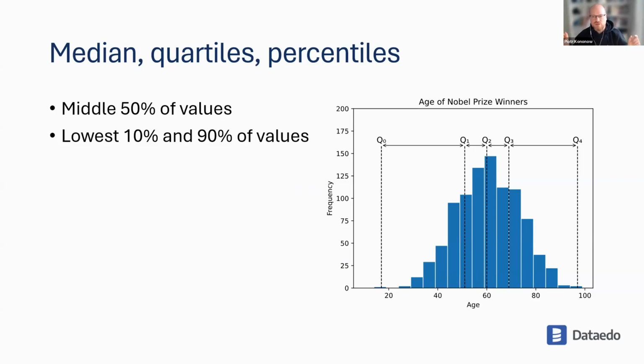So we could identify those three quartiles, and maybe the 10th and 90th percentile, cutting off the extreme 10% on both sides, and we could put it into our distribution chart. This would be quite useful.